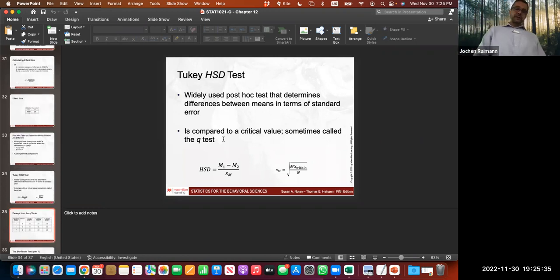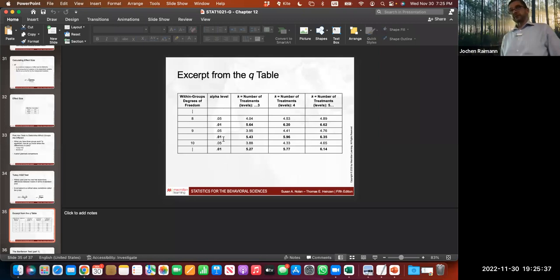And to bring another table into the equation, there's a Q table that allows you to interpret your derived Q. So if you calculate in your pairwise comparison a Q that is exceeding one of these different critical Qs, you will interpret this group to be different.